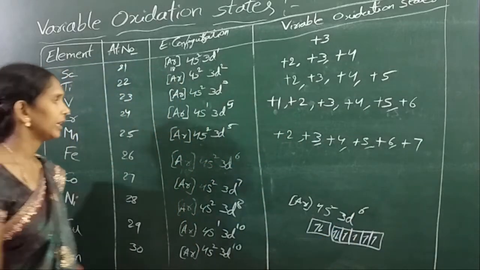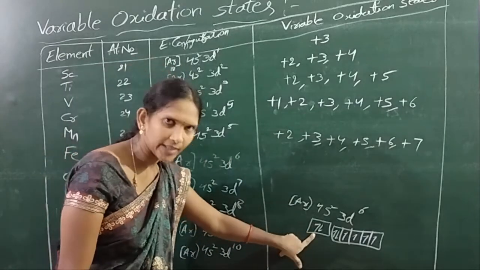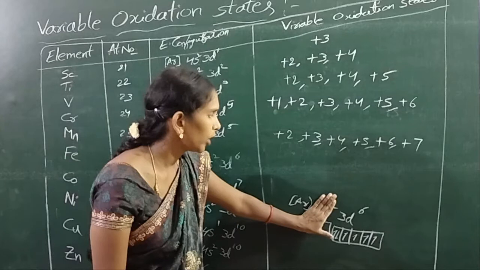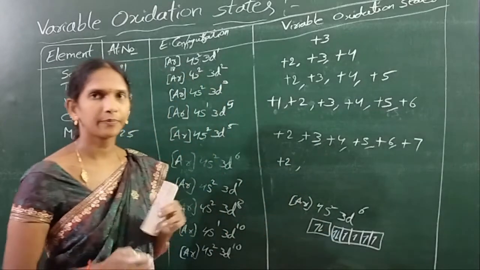In this case I can remove 2 electrons from s, then plus 2 oxidation state exists.